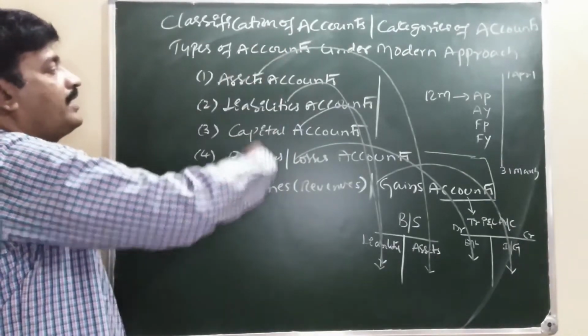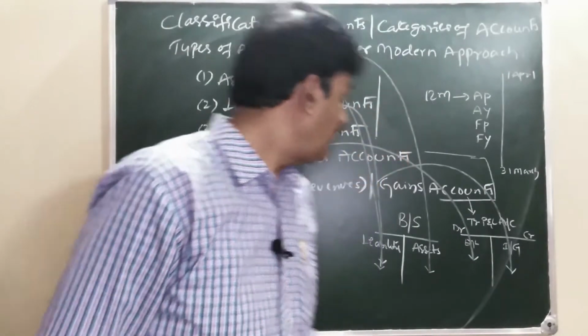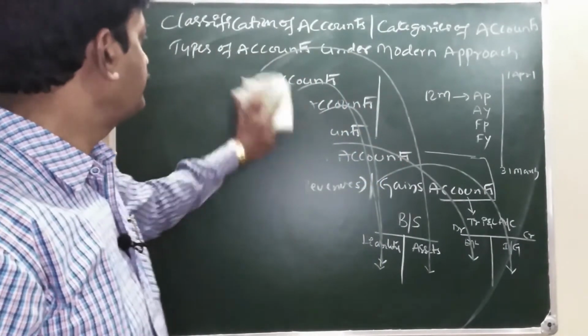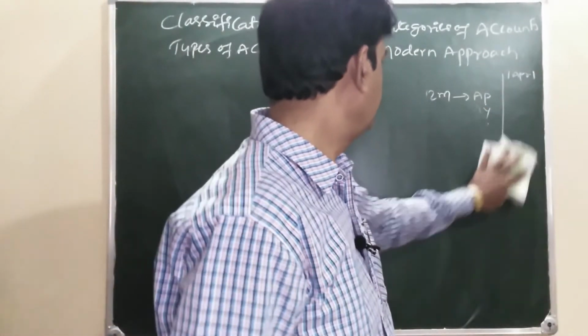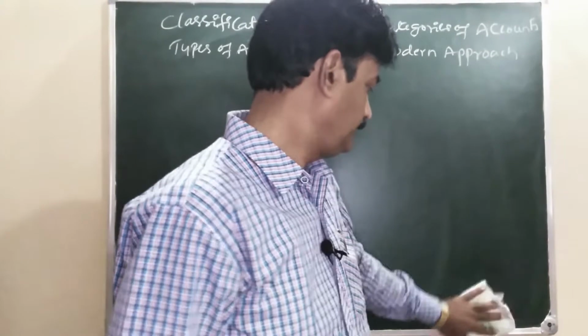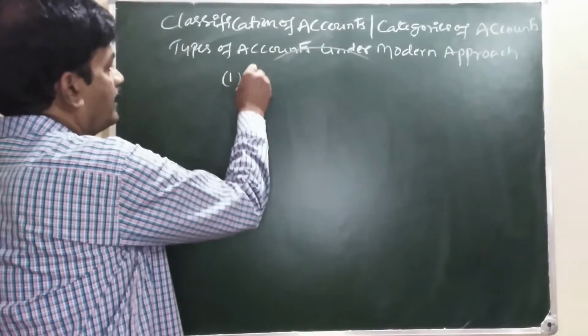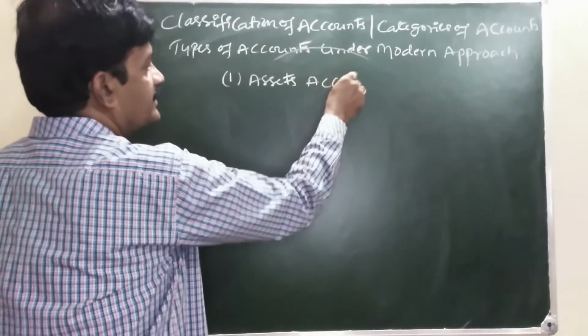Now, one by one I am going to explain. First one, assets accounts. Number 1, assets accounts.